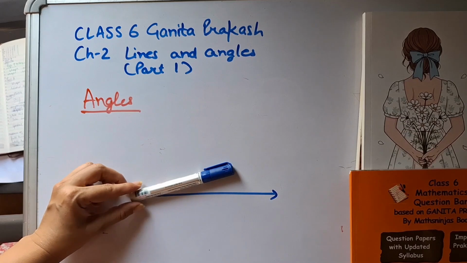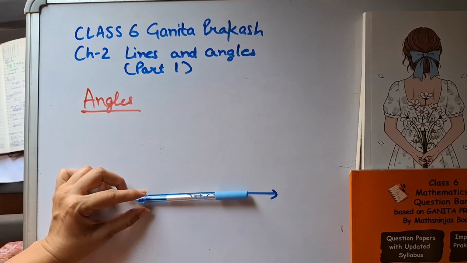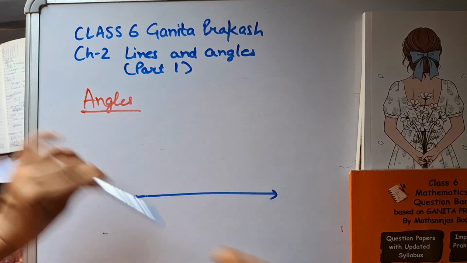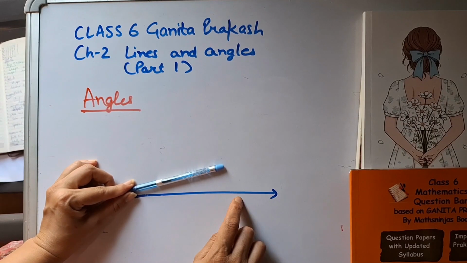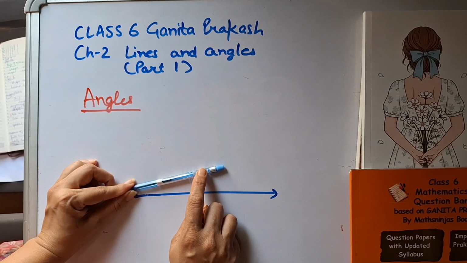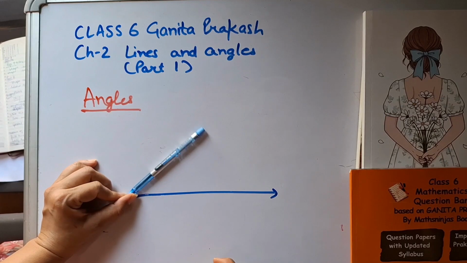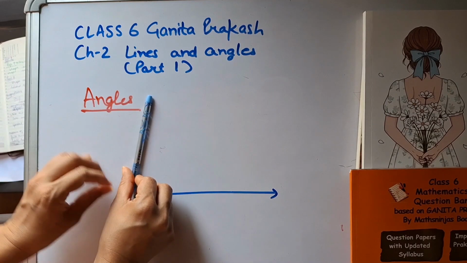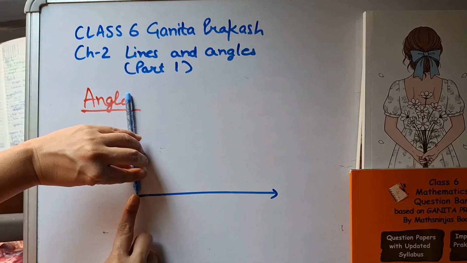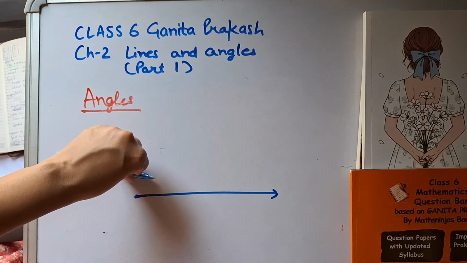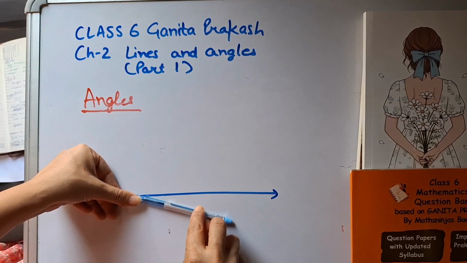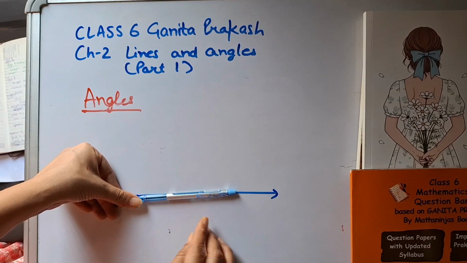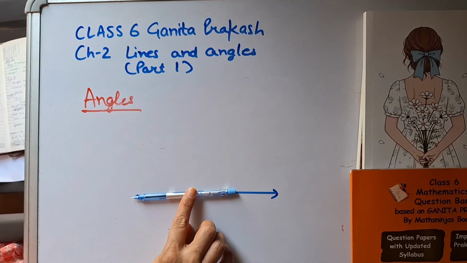Or should I take a thinner one? I should take a thinner one. So this is my ray, which is denoted by this pen, and I move it like this, and the starting point remains the same. I completely rotate it and come to this position.